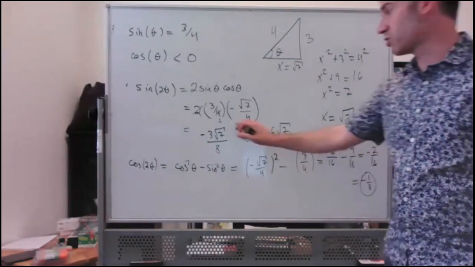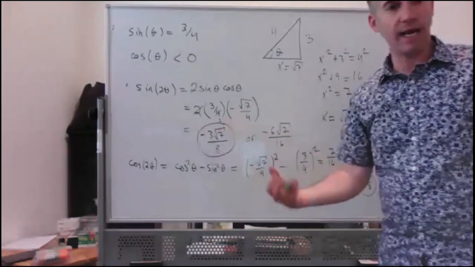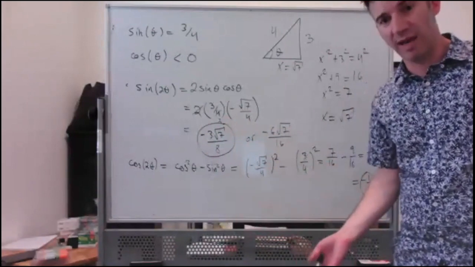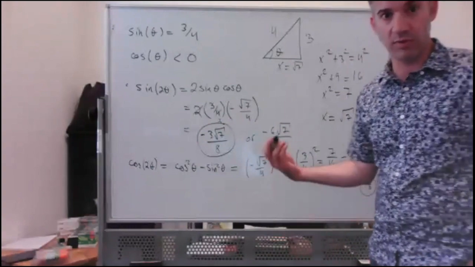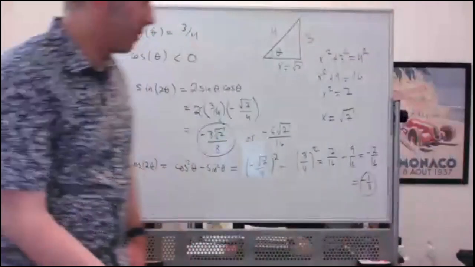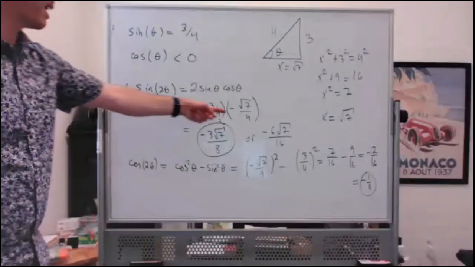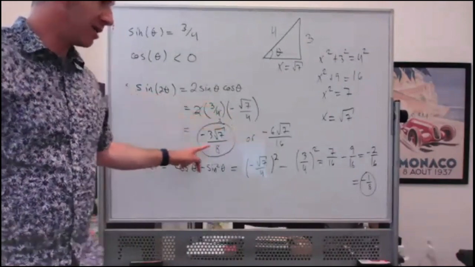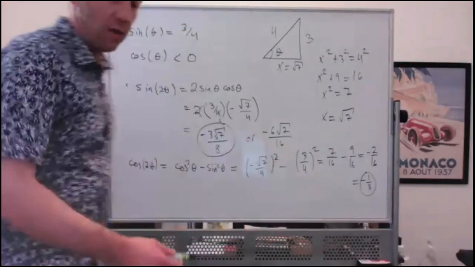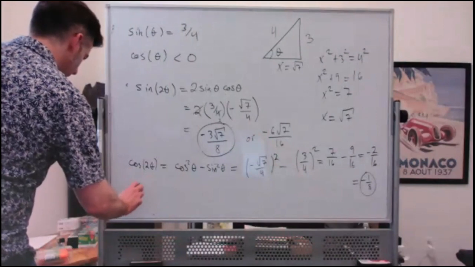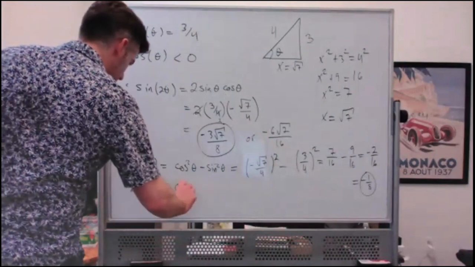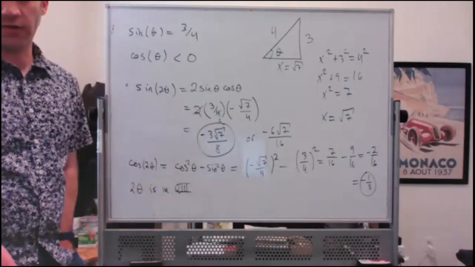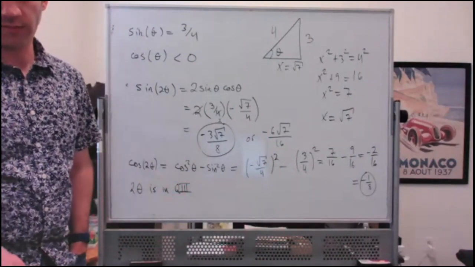And if you've done things correctly, sine of your angle and cosine of your angle should end up having the same denominator. That's pretty much a tried and true fact when you're doing problems like this. And then since sine is negative and cosine is also negative, we know that the angle 2 theta is in quadrant 3, because quadrant 3 is the quadrant where both sine and cosine are negative.